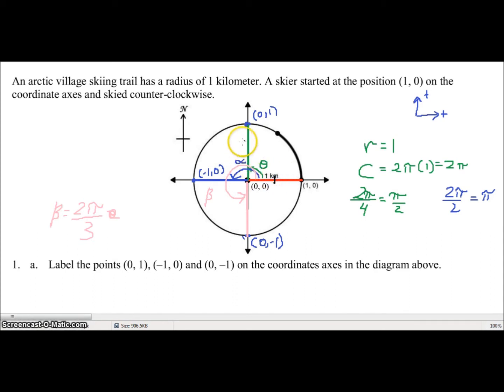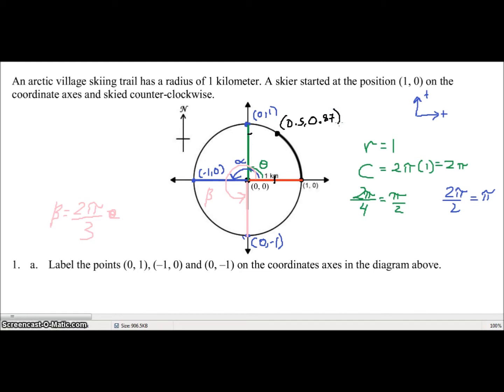Then 0.87, I think that's this point, perhaps. Pretty close to around that point.